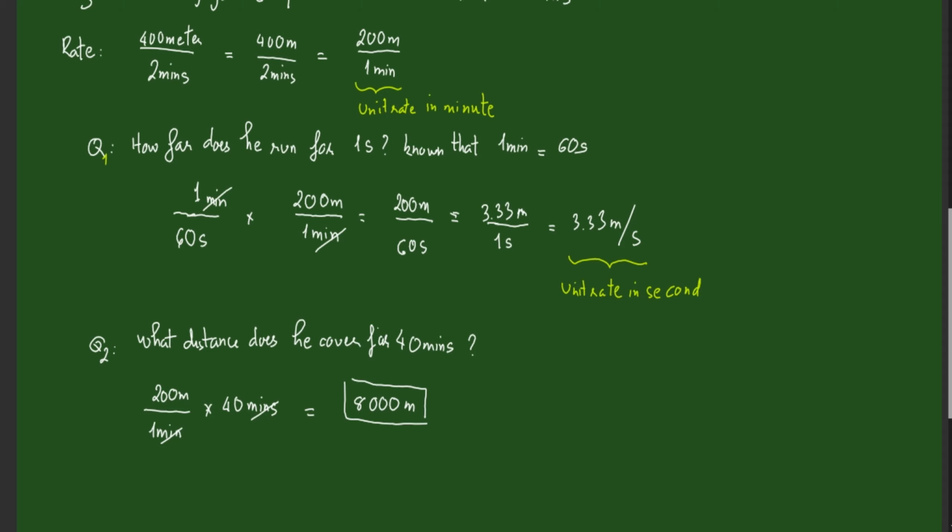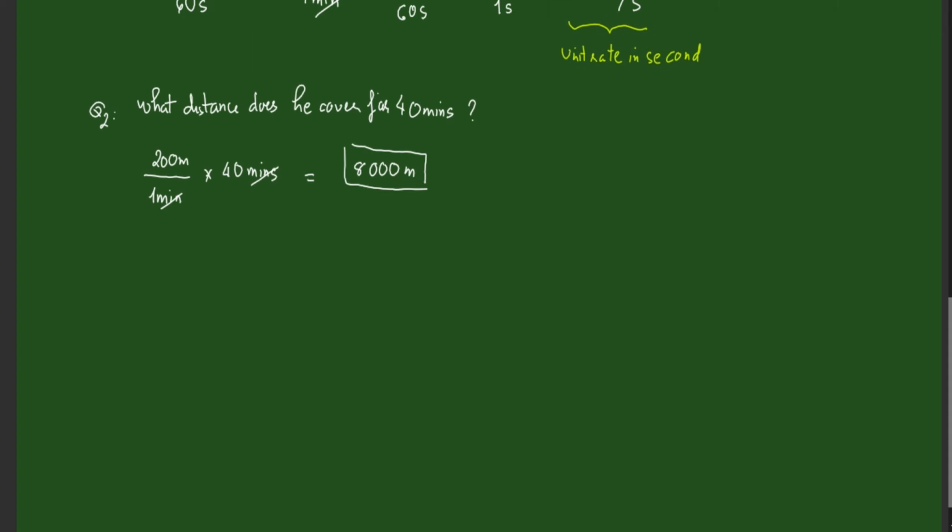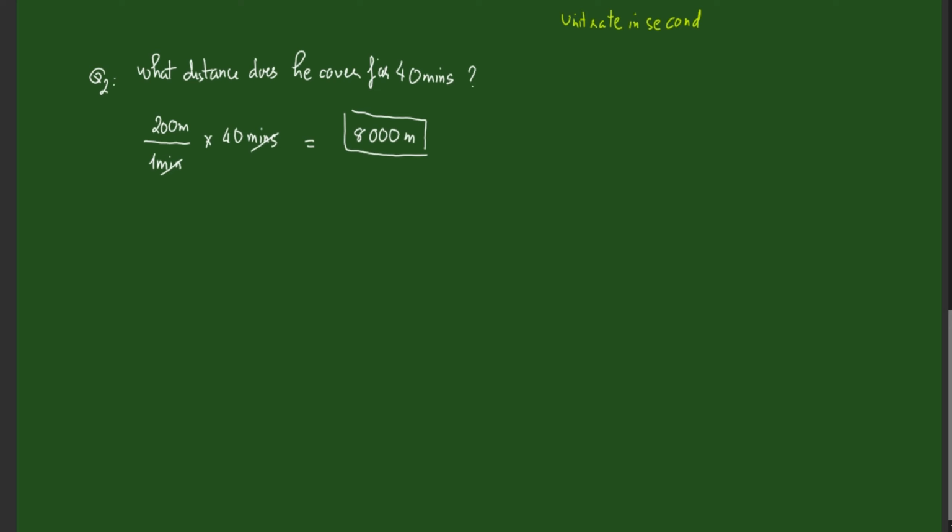It's not just the rate anymore, but the rate of change, because we compare the change of two quantities. So on the second Roman numeral, I want to talk about rate of change.